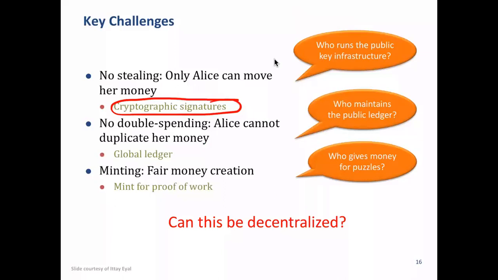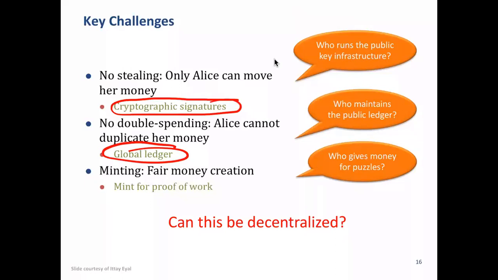Double spending is solved by keeping things in the open. Everyone should see all the transactions that have happened. Then everyone can see if I am double spending. Suppose I'm sending money to you and your friend, and the transaction between me and you goes to a public ledger, and the money I'm sending to somebody else also goes to the public ledger. Then anybody can see that a fraud is happening, because they can also see where I received the money.